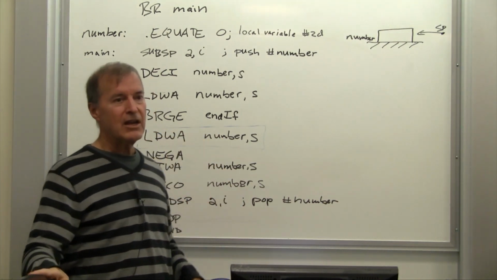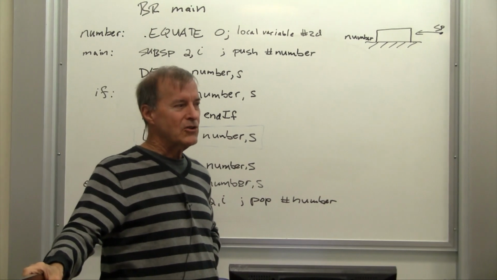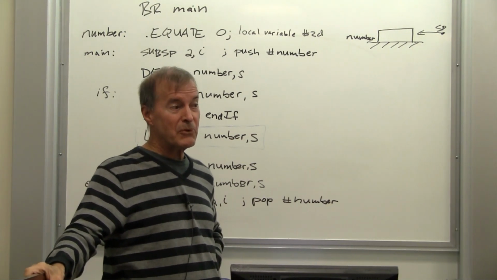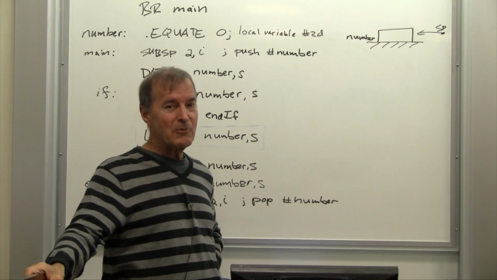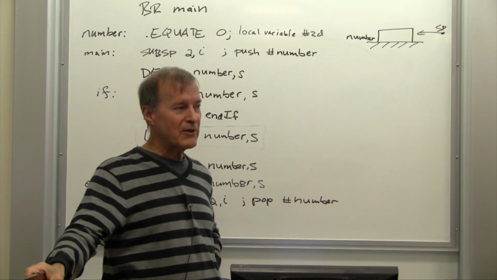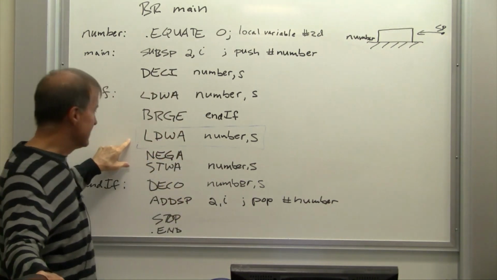Now tell me, if you were writing a compiler, you're writing a translator now, but what if you were writing a compiler? You are writing an assembler, but what if you were writing a compiler? Can you imagine how hard it would be for your compiler to keep track of what would be in the accumulator and therefore be able to eliminate this statement?